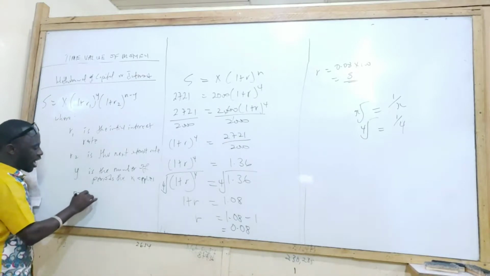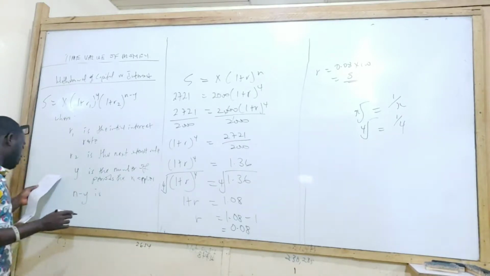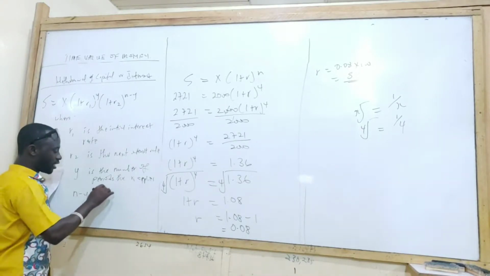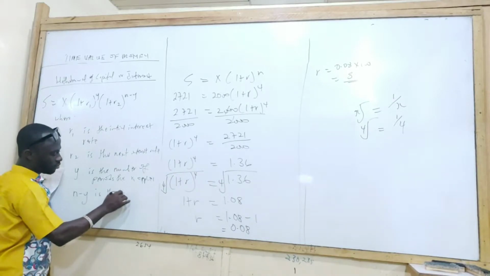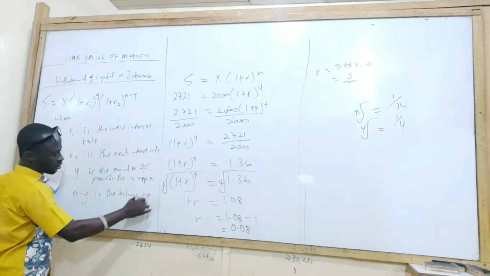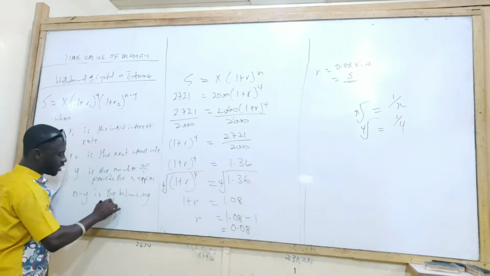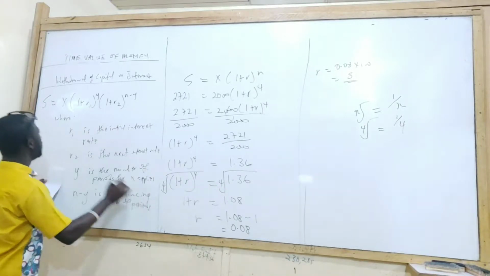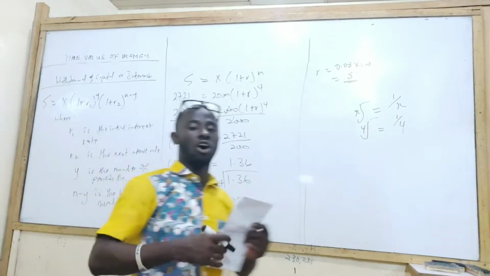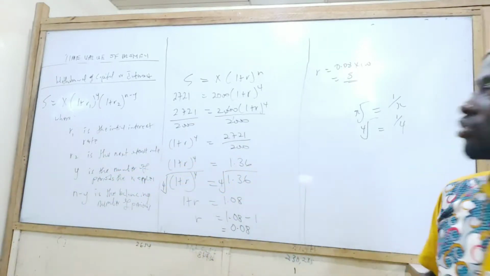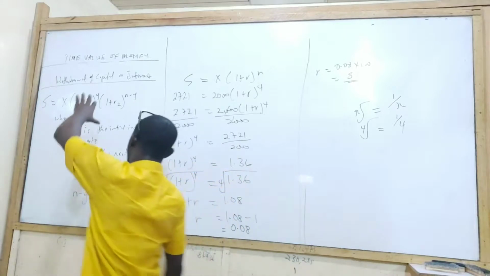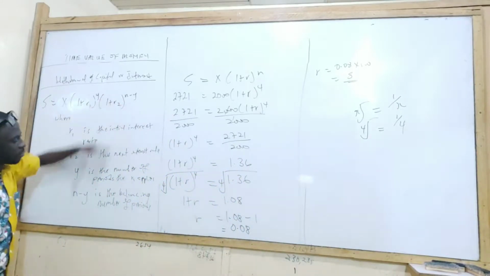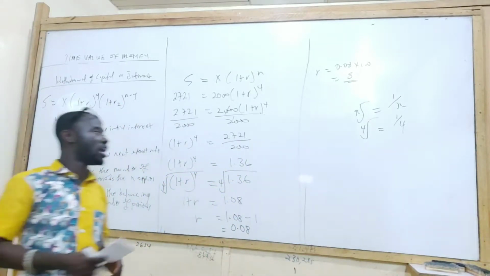Then N minus Y is the balancing number of periods. So when there is a change in the interest rates, that's the formula we use, and that's how we apply it to get a sum of the value.